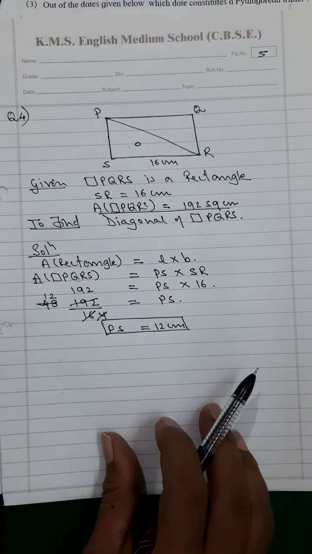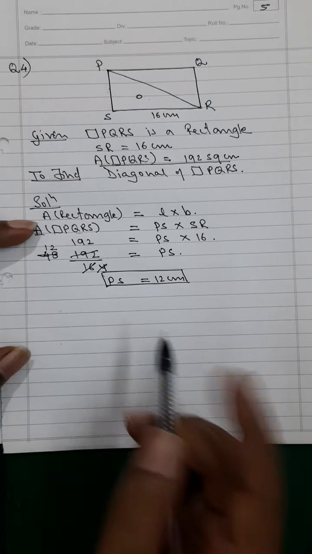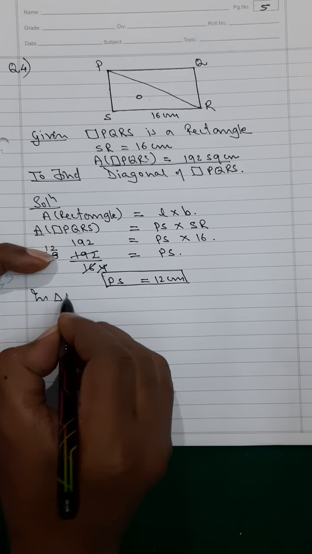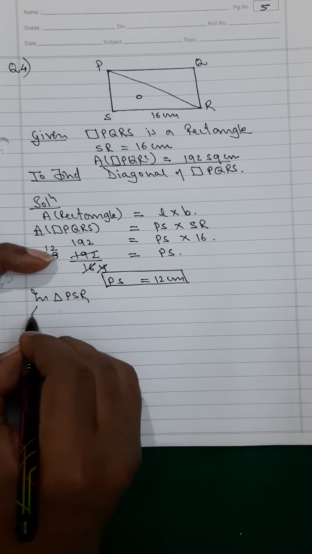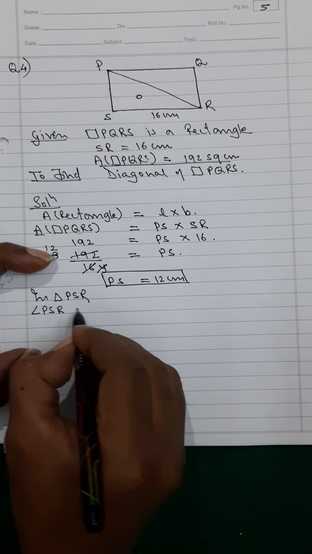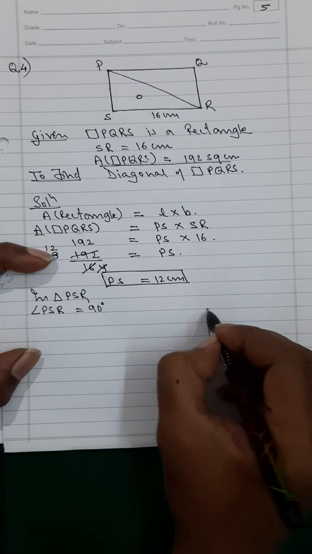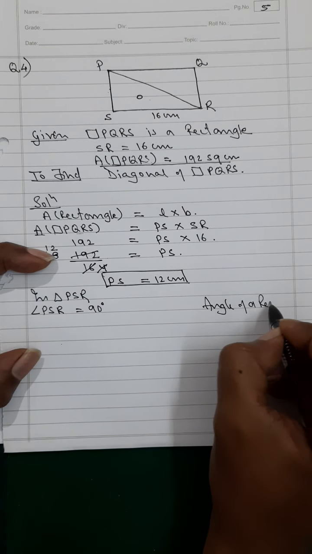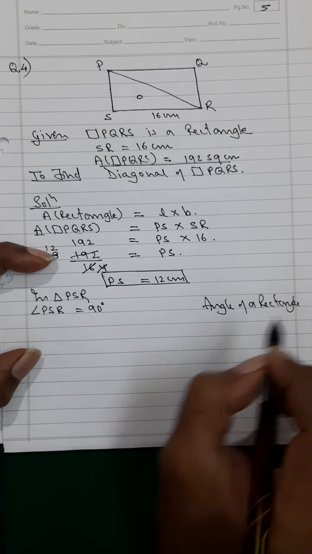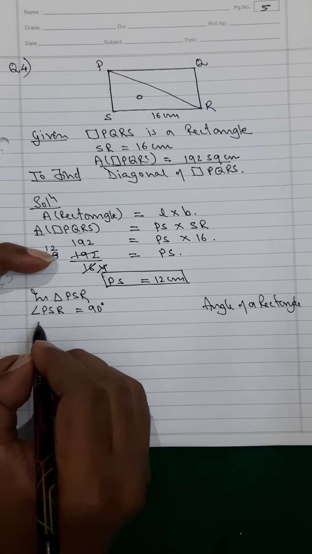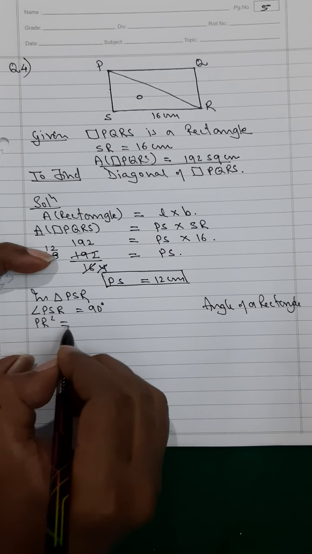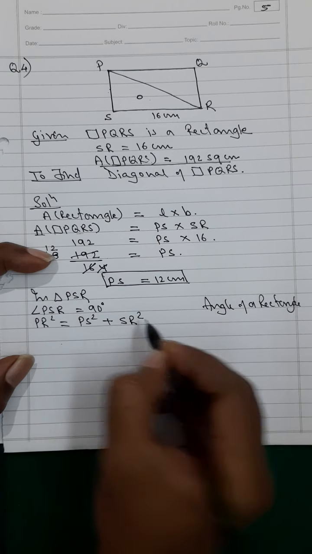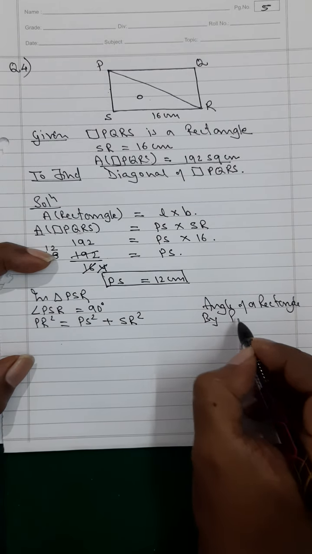Now you have got the value of PS, and you can apply the Pythagoras theorem in triangle PSR. In triangle PSR, angle PSR is equal to 90 degrees. Reason: angle of a rectangle. So by the Pythagoras theorem, you will get PR square is equal to PS square plus SR square.